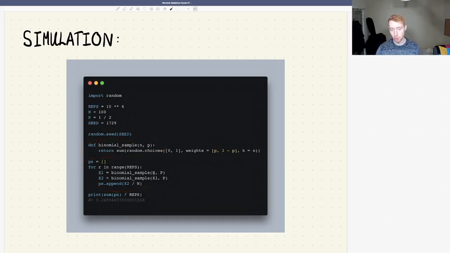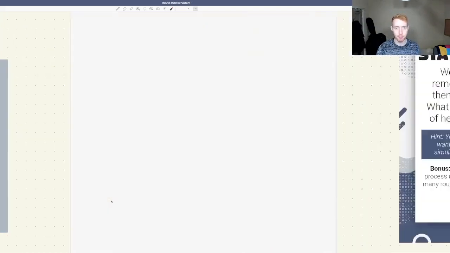So x1 comes from n, p, and x2 uses x1 as the number of coins, and then we use probability p again. Then we can divide this x2 by n to get an estimate for the probability for our binomial distribution. If we add these all onto a list of p's and then average them out in the end, we get 0.2499. So basically a quarter there, as we would expect.